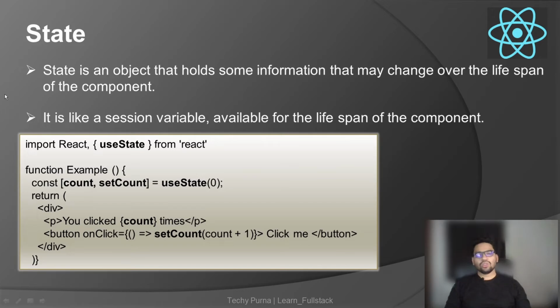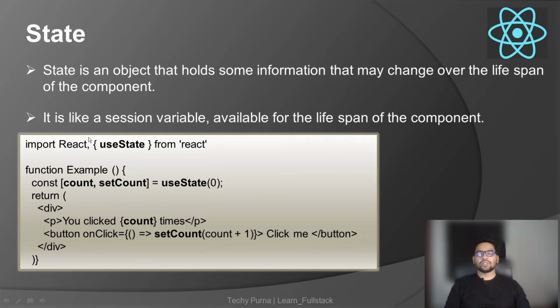So this is one example of using state. This useState is a hook, and it's used in function components. If you are going to use state in a class component, that approach is a little bit different, but we'll cover that when we talk about class components in detail.